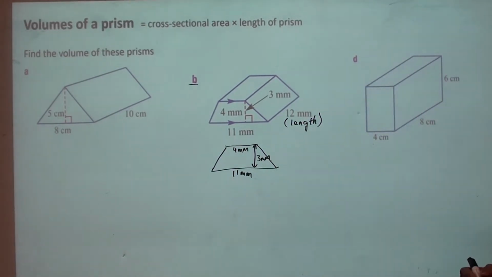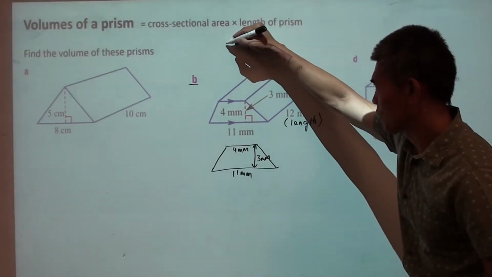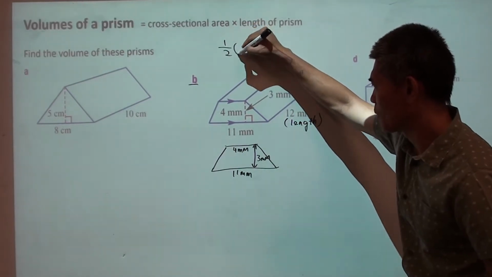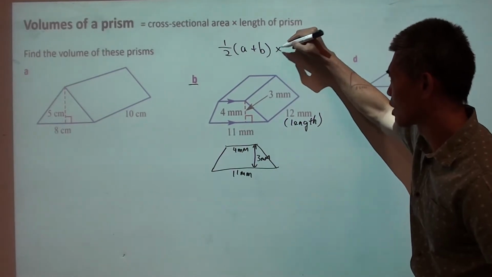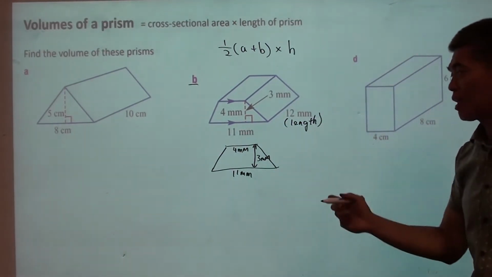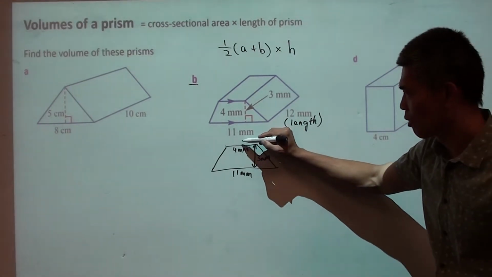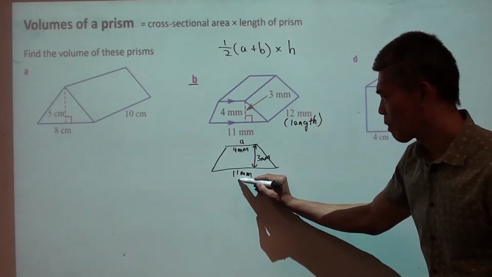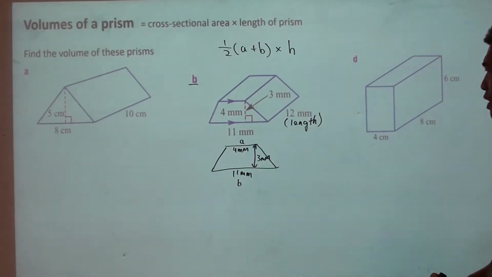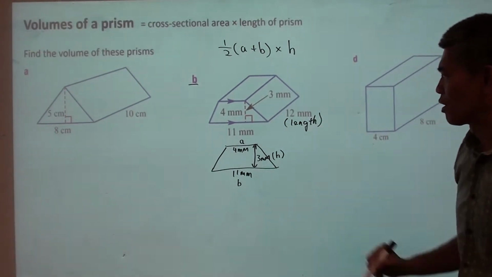Now, if you refer to the equation for the area of a trapezium, it goes half times A plus B times the height. Now, the A and B are the length of the parallel sides. So A is 4 and B is 11, and of course the height is 3.